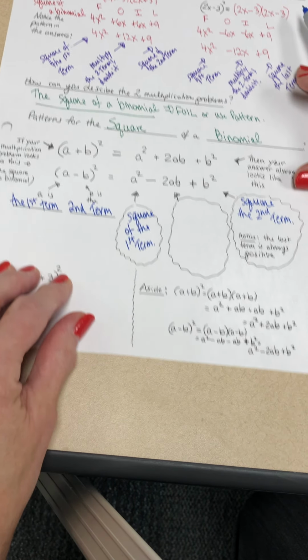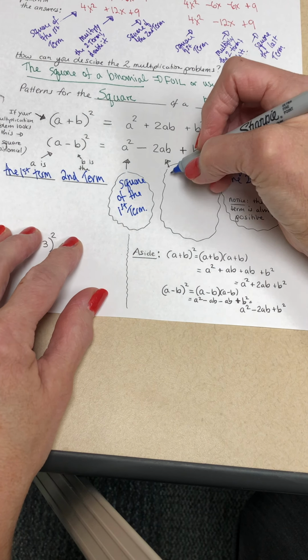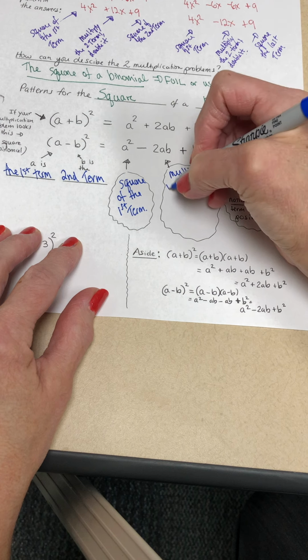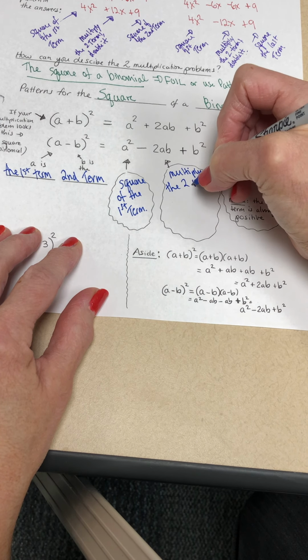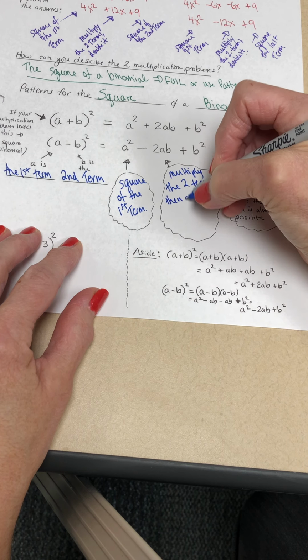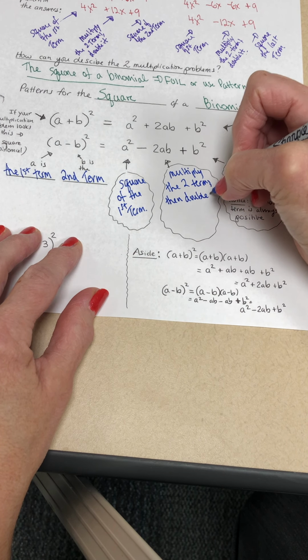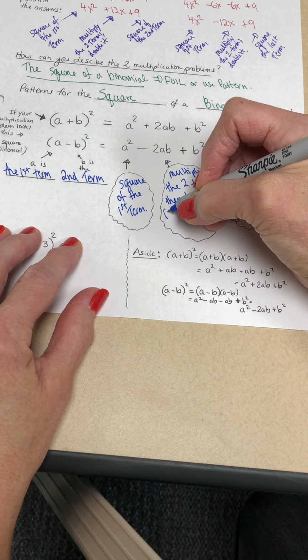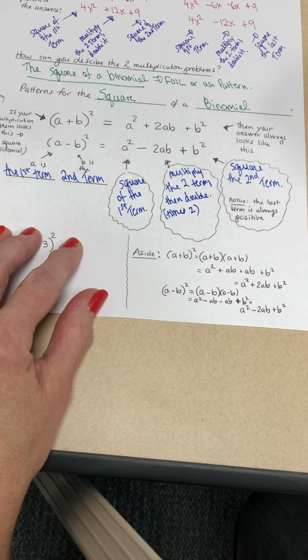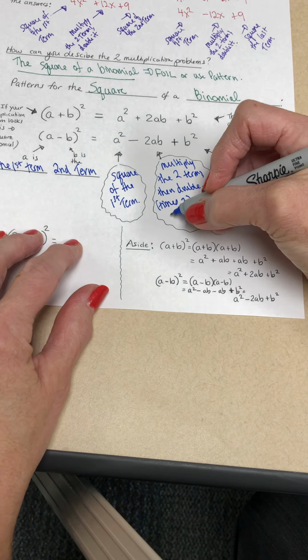So, for the middle term, you multiply the two terms together, then double, which by the way means multiply by 2. Okay, and then watch your signs.